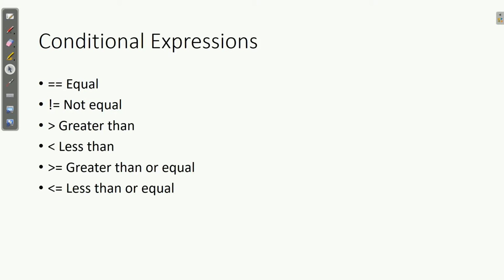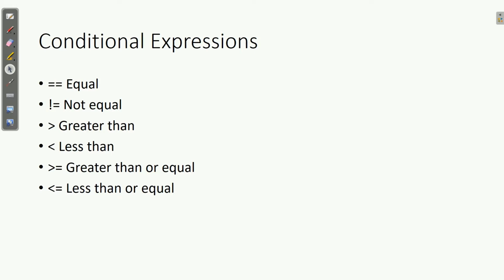With those comparisons, there are conditional expressions that we use. We can compare two items to see if they're equal. We can compare to see if they're not equal. Now for equal, we use a double equal sign. Remember, the single equal sign was the assignment operator. It says take whatever's on the right and assign that value to the variable on the left.